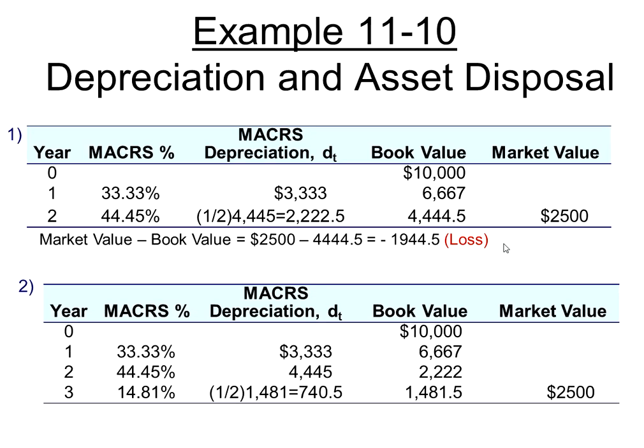In the second example, we sold it in year 3, again for $2,500. These rates are taken from the MACRS table for a 3-year class. We're only using 3 rates out of the 4 that are seen in table 11.3.